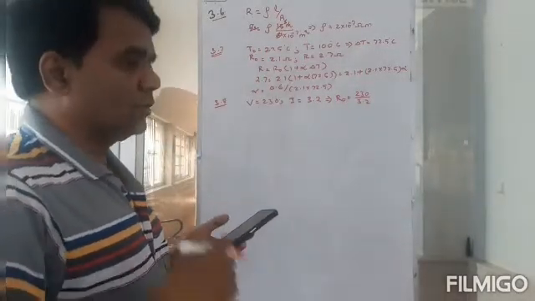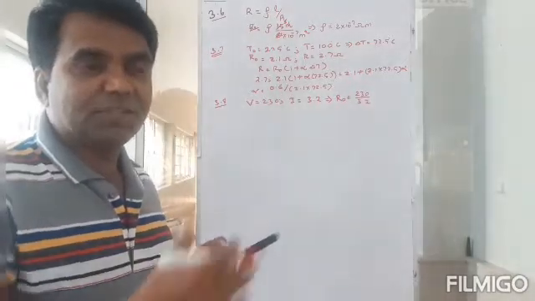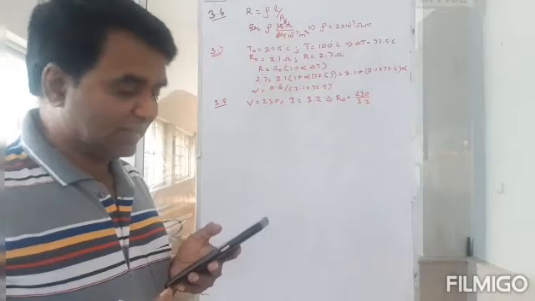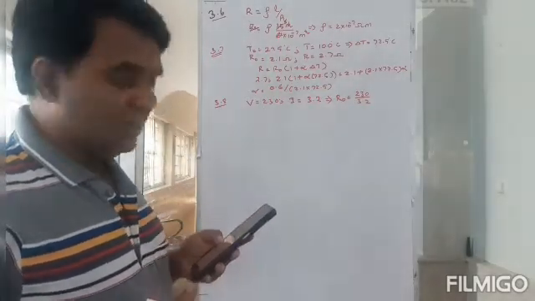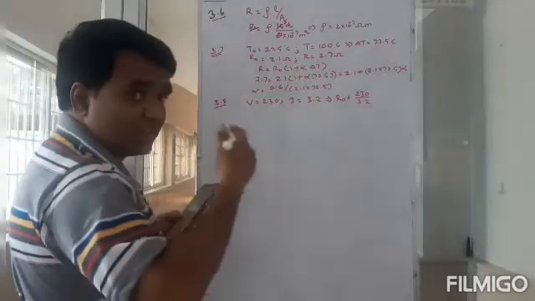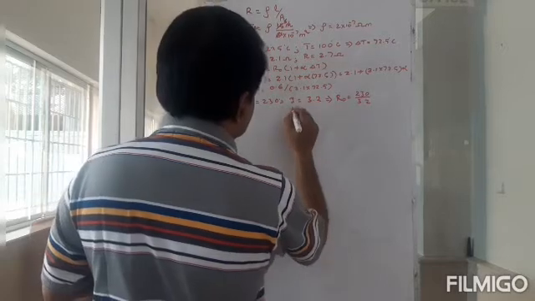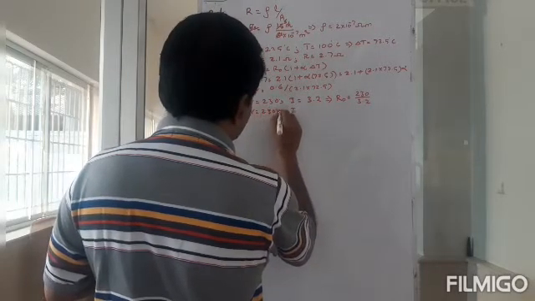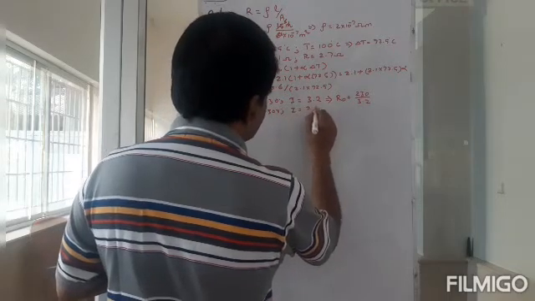Then what happens now? As the current keeps flowing in the resistor, heat is generated. Because of the heat generated, the resistance of the heating element changes. As the resistance changes, the current reduces. What does it reduce to? It reduces to 2.8 amperes. So now, for the same voltage, 230 volts, the current reduces to 2.8.